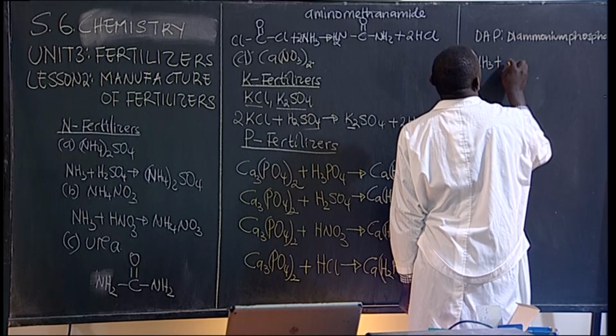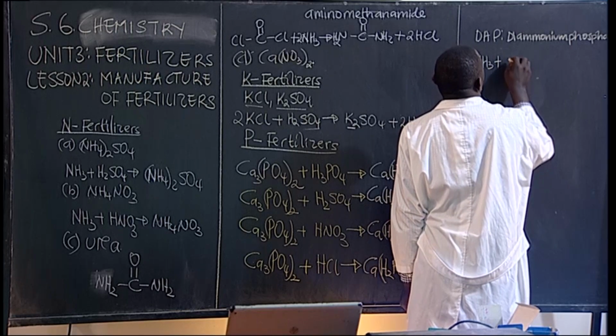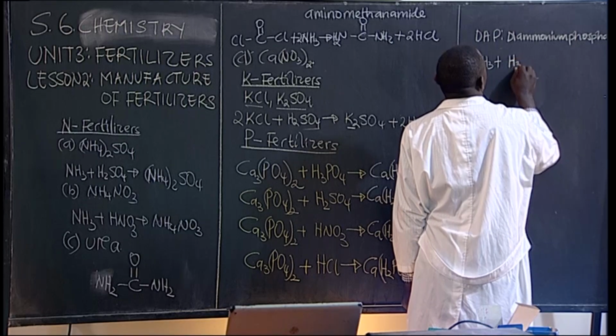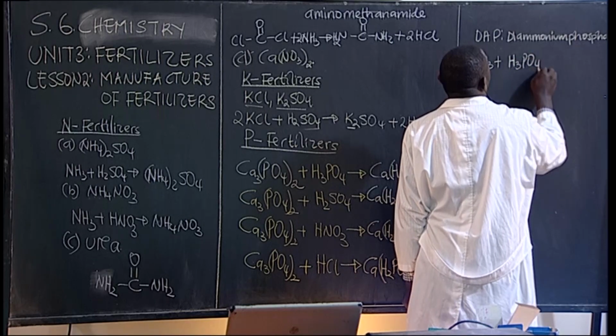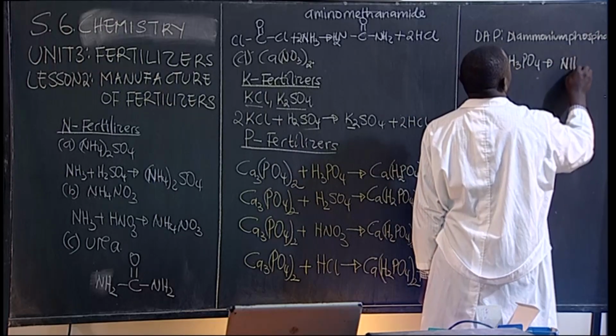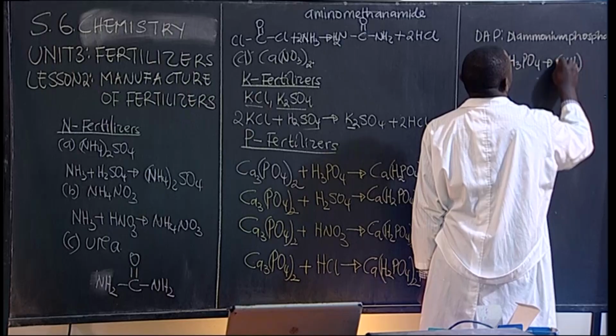We can use ammonia and phosphoric acid. So we can say diammonium means they are supposed to be two.